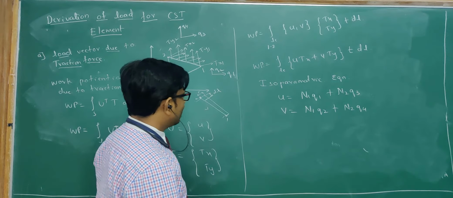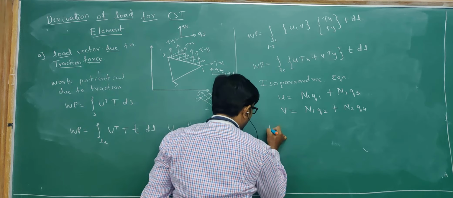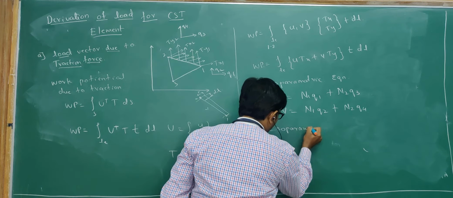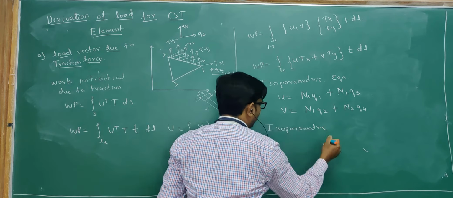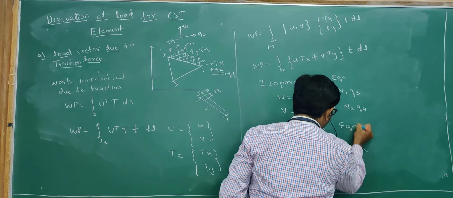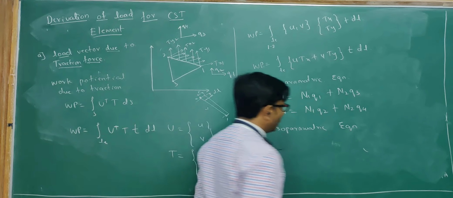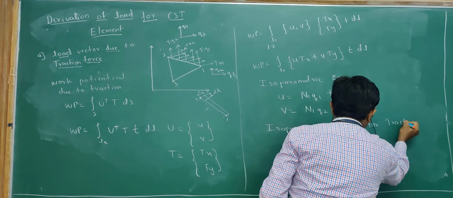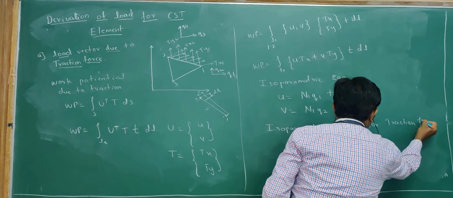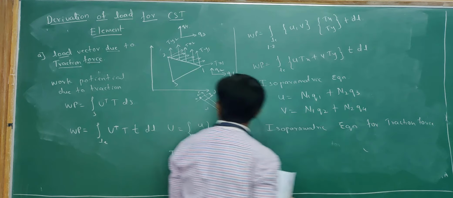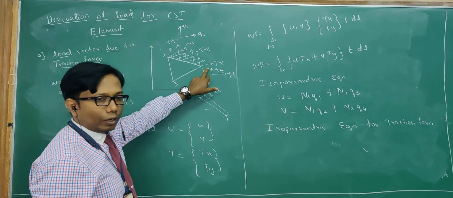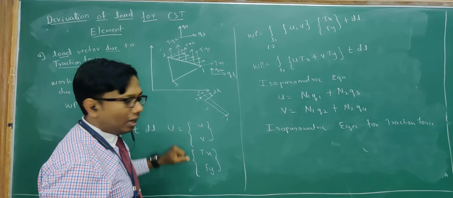So next we will be writing once again the isoparametric equation, the equation for traction force. Because here, the force at node 1 is Tx1 and at node 2 it is Tx2.